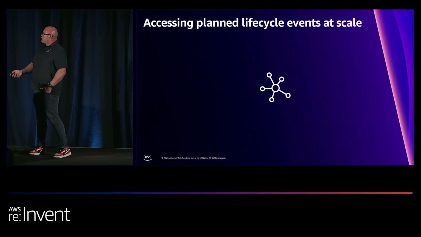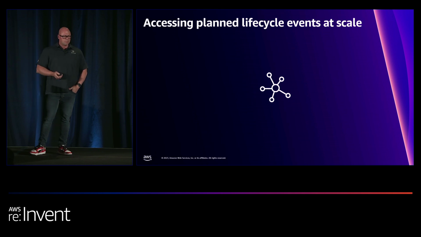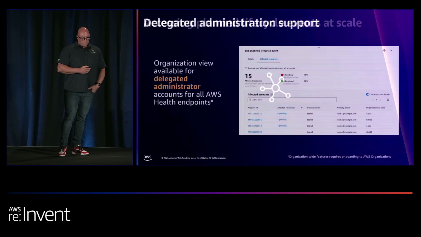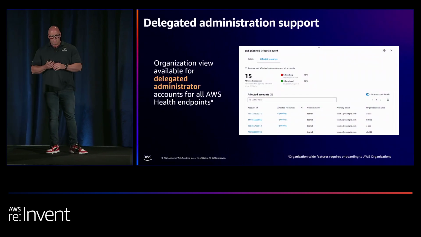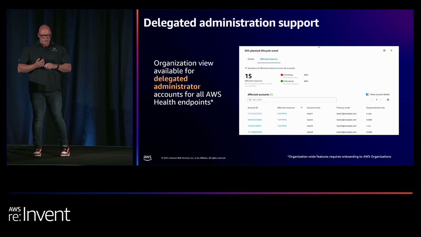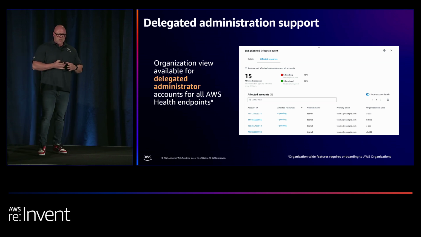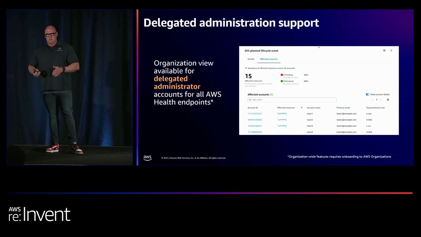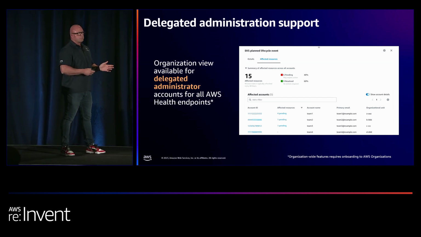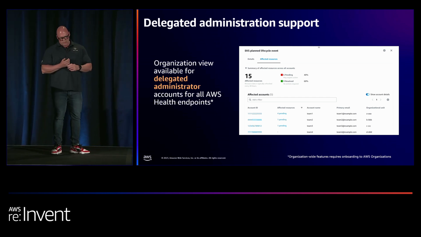So the last section I'll be talking to is accessing these planned lifecycle events at scale. We've heard from a lot of you that you've not been able to make use of AWS Organizations view, either on the dashboards or the APIs, because you don't have access to the management account for AWS Organizations. Many companies do have strict policies around accessing that account.